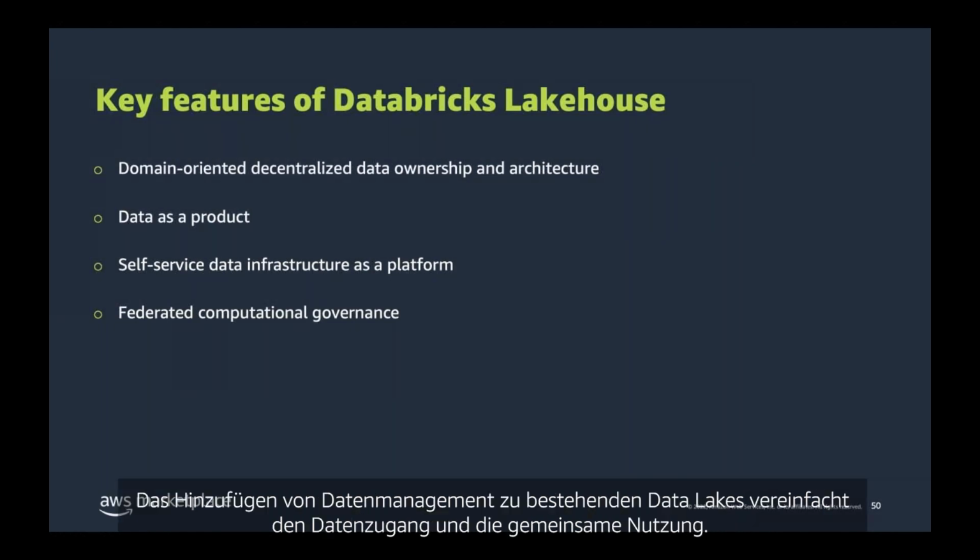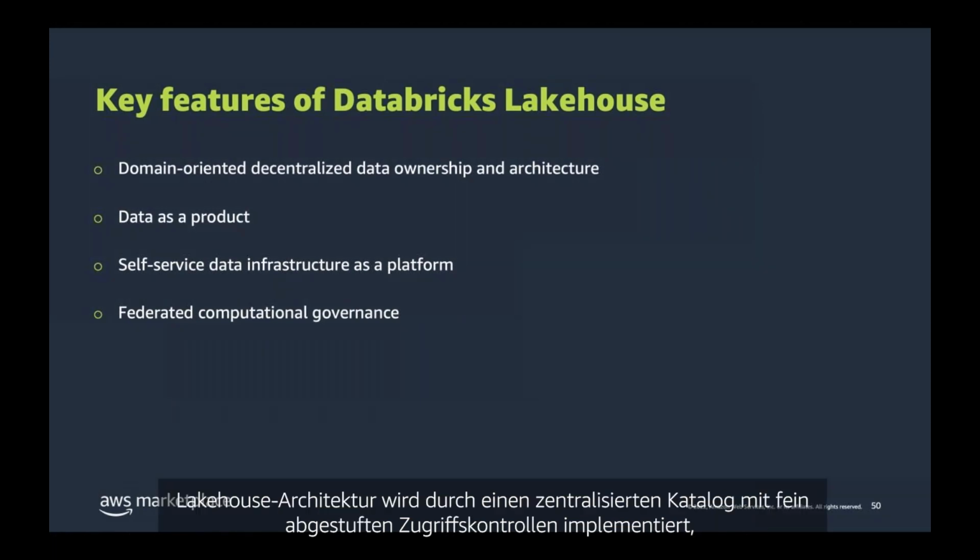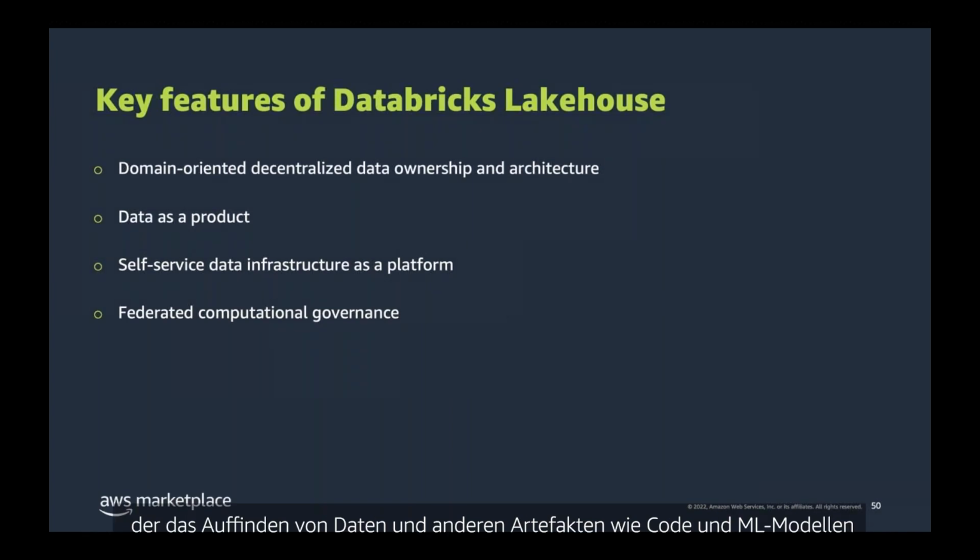Adding data management on top of existing data lakes simplifies data access and sharing. Anyone can request access. The governance in a Lakehouse architecture is implemented by a centralized catalog with fine-grained access controls, enabling discovery of data and other artifacts like code and ML models.